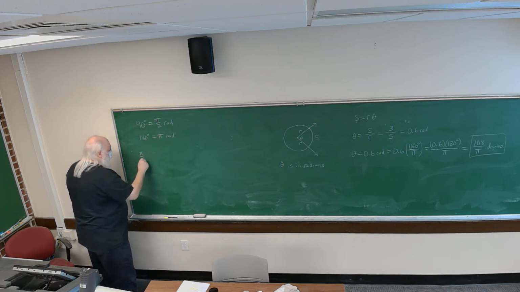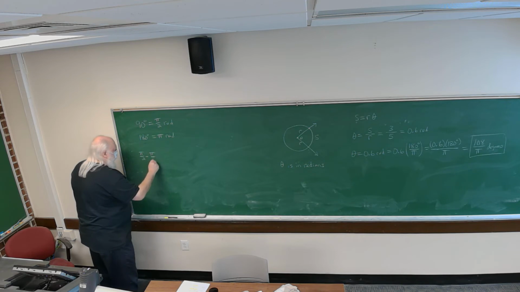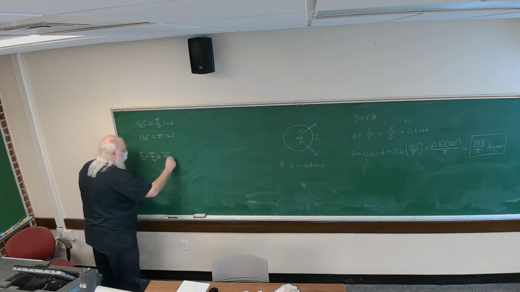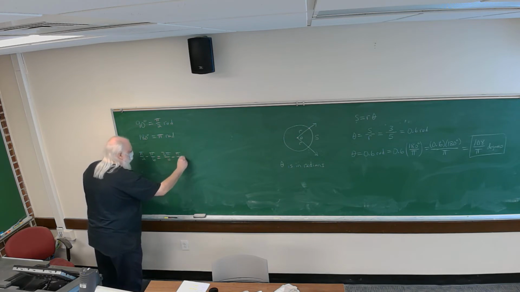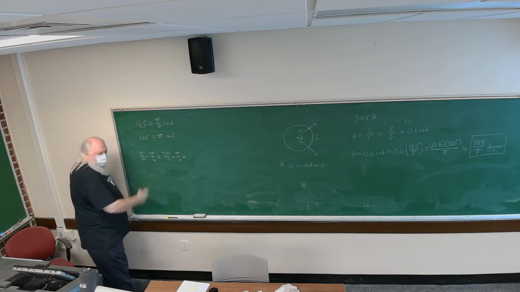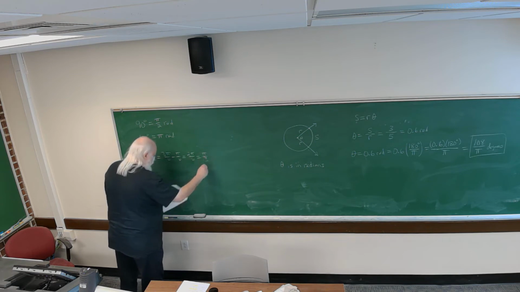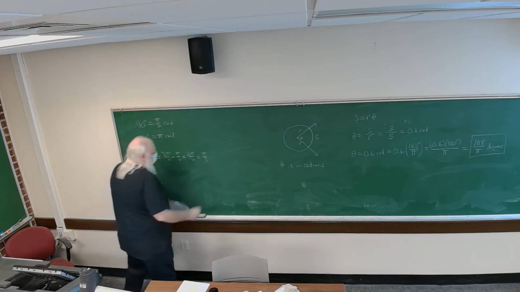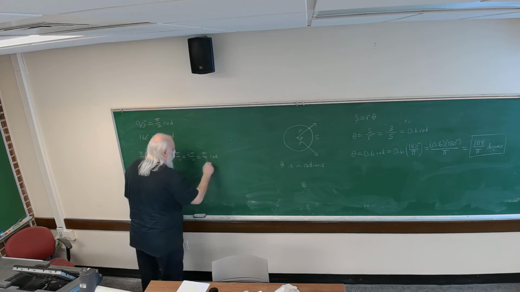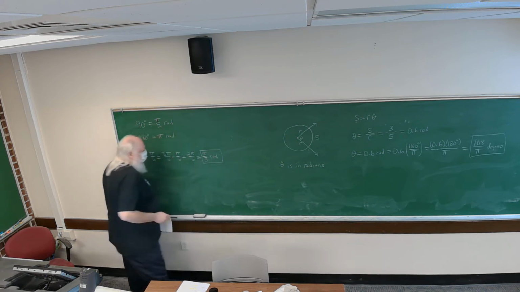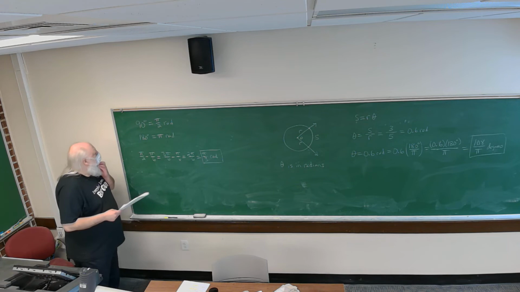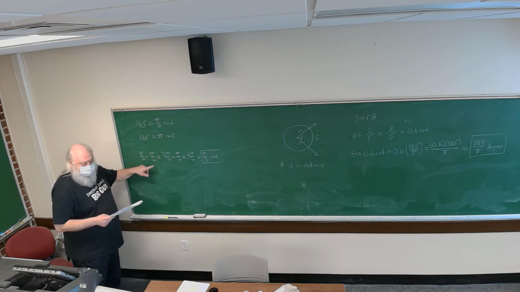So pi over 2 minus pi over 6 is equal to 3 pi over 6 minus pi over 6, right? 6 is the common denominator, which is equal to 2 pi over 6, which is equal to pi over 3. So pi over 3 radians is the angle that is complementary to the angle pi over 6.